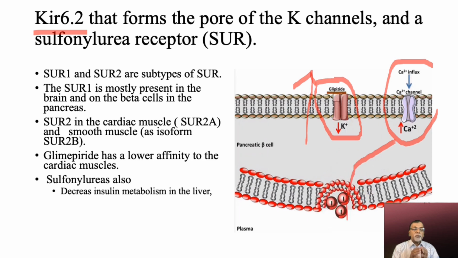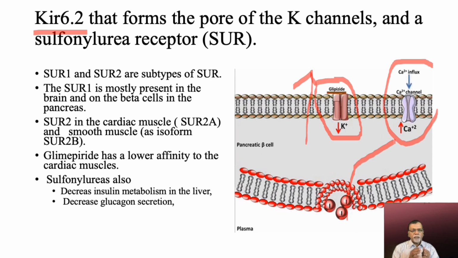Sulfonylureas also have additional functions. They also decrease the serum glucose levels by decreasing insulin metabolism in the liver. So metabolism of insulin in the liver can also be decreased by the sulfonylurea. They have a milder action on decreasing glucagon secretion, and they also increase the sensitivity of insulin in the peripheral tissues.